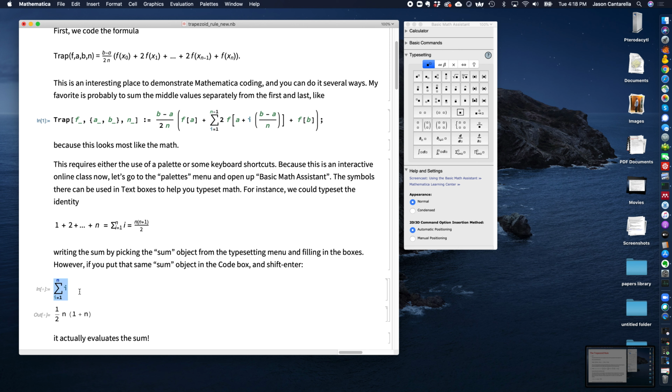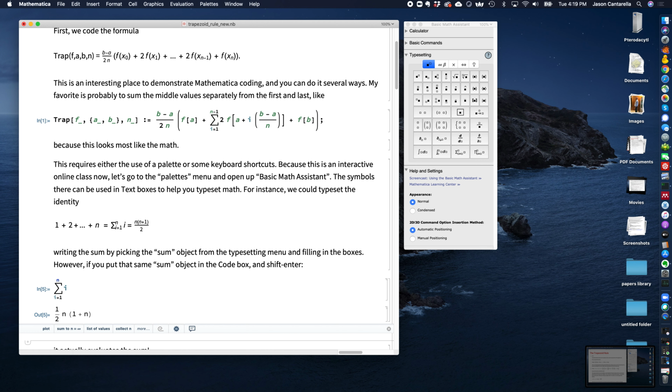Now here, I'm in a code box, and in a code box I can do the same thing. I'm going to pick the sum item and type i equals 1 to n, i. Again, I was tabbing to get between the boxes. I hit Shift Enter, and you see that Mathematica will actually evaluate the sum.